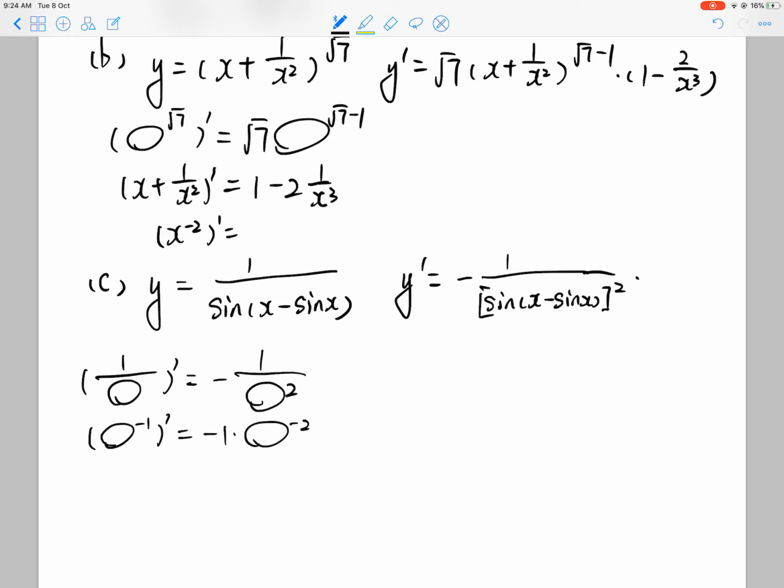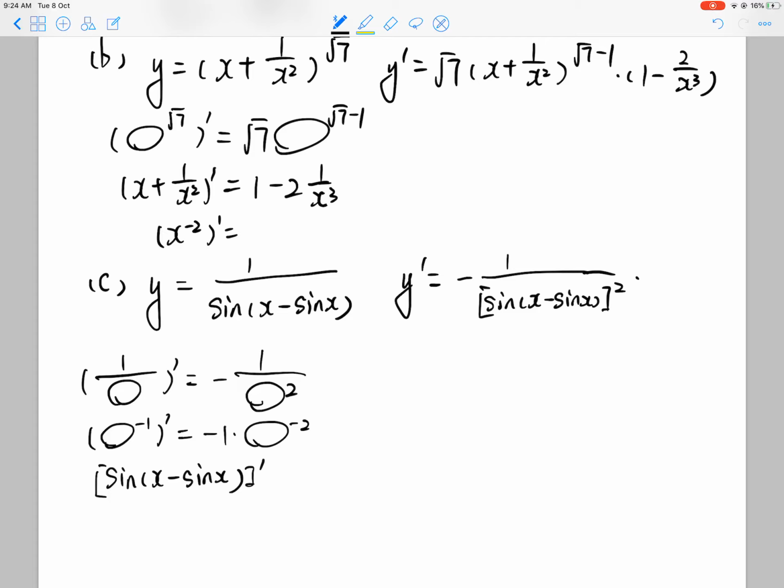Then times, so now you ignore this 1 over. The function you have is sine of x minus sine x, so sine of something. Now when you do this derivative, again you need to use the chain rule.